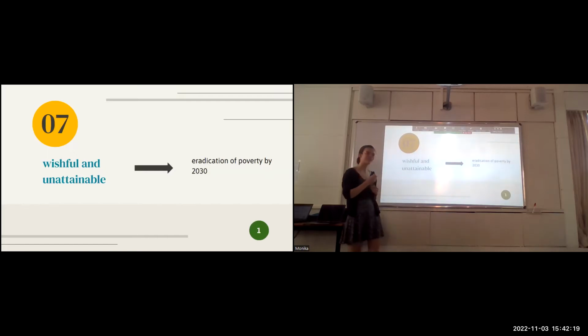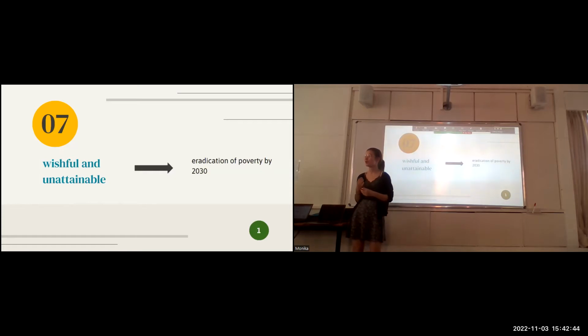The next criticism is that they're wishful and unattainable. They're really idealistic, promoting a really idealistic world which they try to achieve. For example, to get rid of poverty in the whole world by 2030: I think at the moment 2 billion people live in poverty in the world, and we have 8 years left.